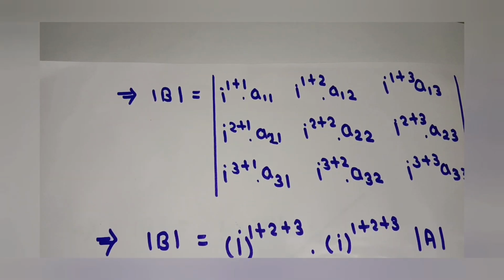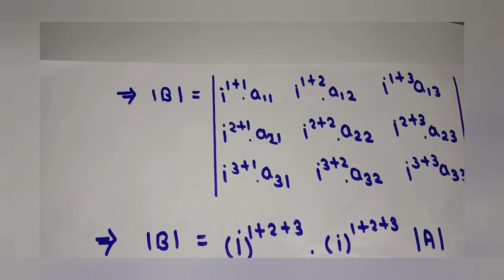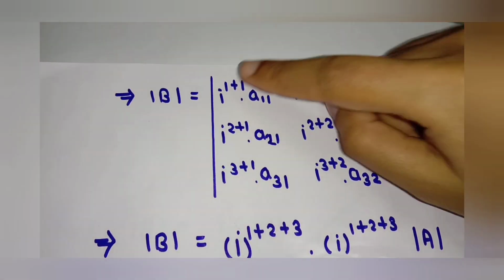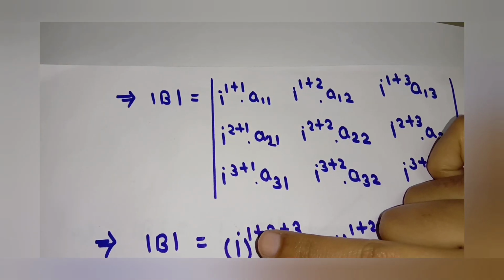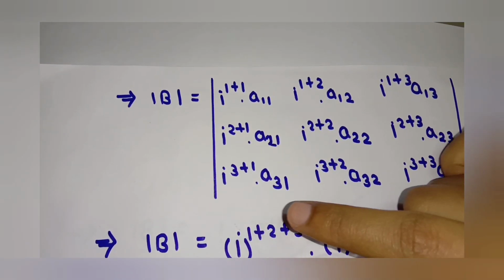Now by using the property of determinant, take i common from row 1, row 2 and row 3. Therefore i raised to 1 plus 2 plus 3.